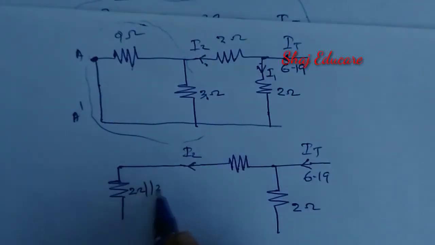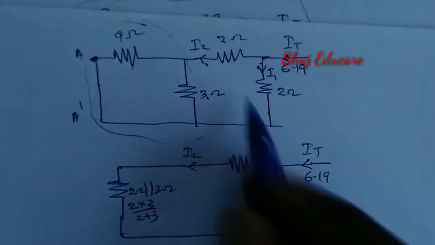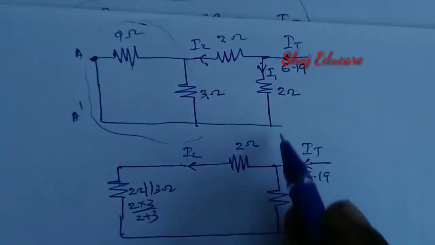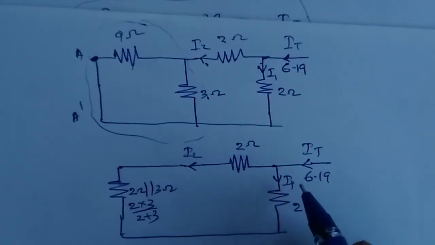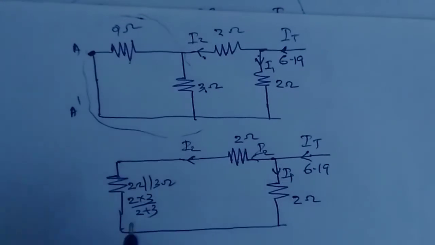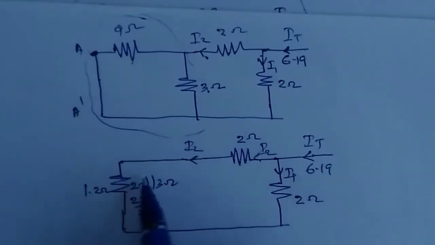So I'm going to replace these two resistances with a single resistance as 2 into 3 ohm divided by 2 plus 3. Okay, and then this is our 2 ohm resistance, and here we have a 2 ohm resistance once again. Okay, this is I1 and this is I2. Okay, right. And the result I am getting is 1.2 ohm.